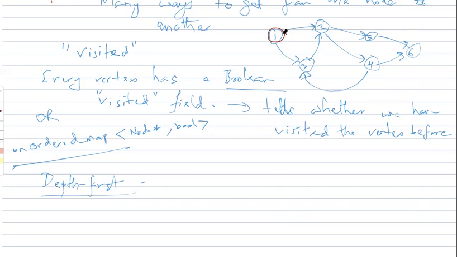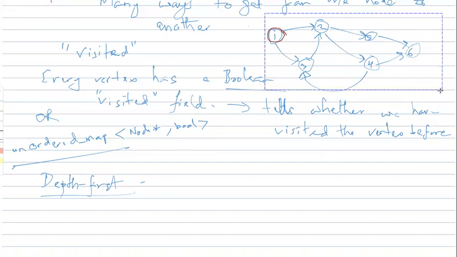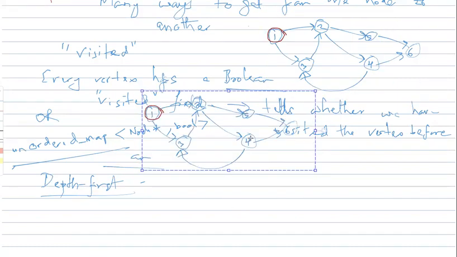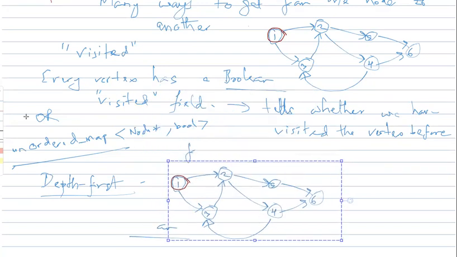From here, I can go in any direction. I can choose to go to 2, I can choose to go to 3. Let's say I choose to go to 2 from here.